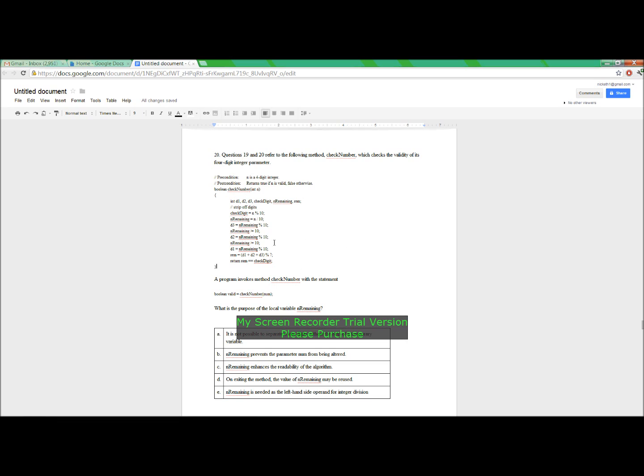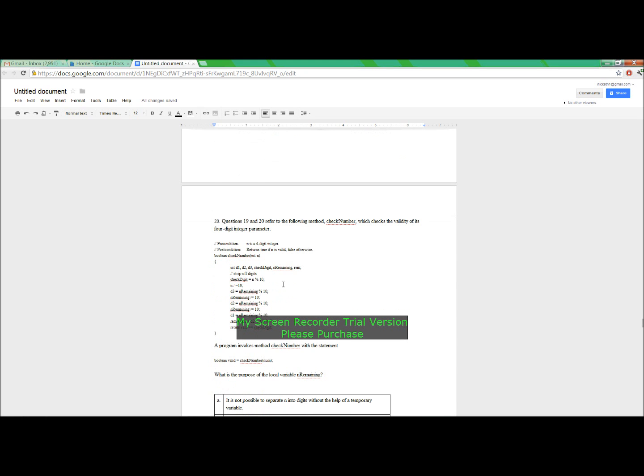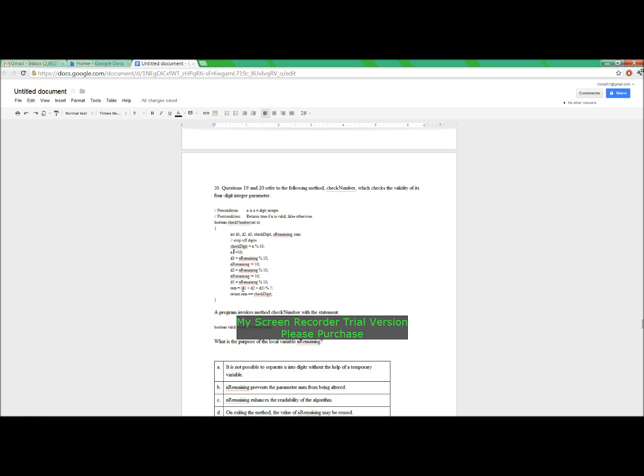So really what they could do is, instead of nRemaining all these times, they could just do n /= 10. You would still end up with n equaling 614 in this last section, but it would just be less readable because you don't know whether it's nRemaining. It's kind of just harder to read. So, yeah.